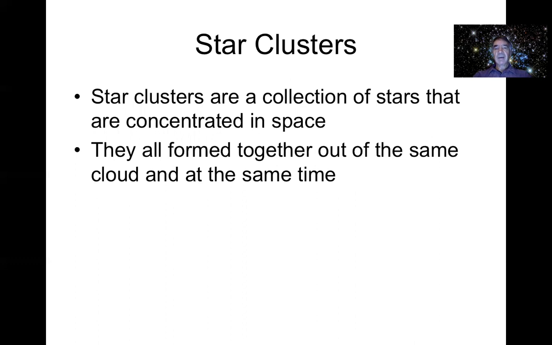Well, why are they there? Why do we get clusters? Well, they're all really linked with how they formed in the first place. Now we're going to talk a bit more about how stars form in future lectures in this module. But at this stage, all we need to worry about is the fact that stars will form out of clouds of gas.